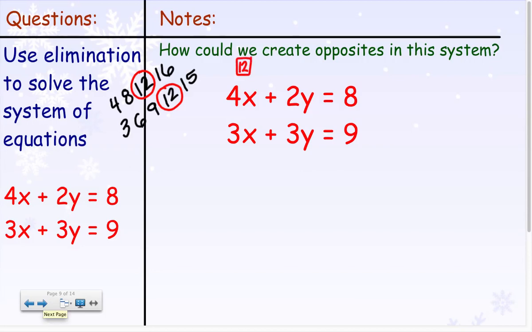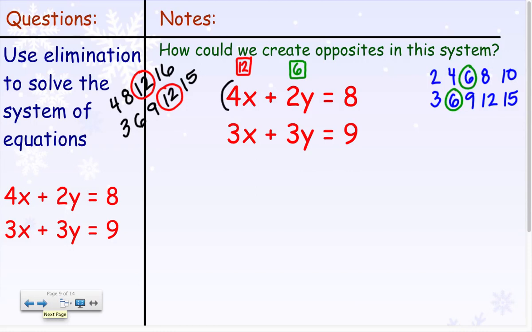Or, how about let's do it for 2 and 3. 2, 4, 6, 8, 10, 3, 6, 9, 12, 15. The lowest number in common between 2 and 3 is 6. So you can really choose whichever one you want to. It doesn't matter. I like to choose the smaller one, so I'm going to choose the 6.